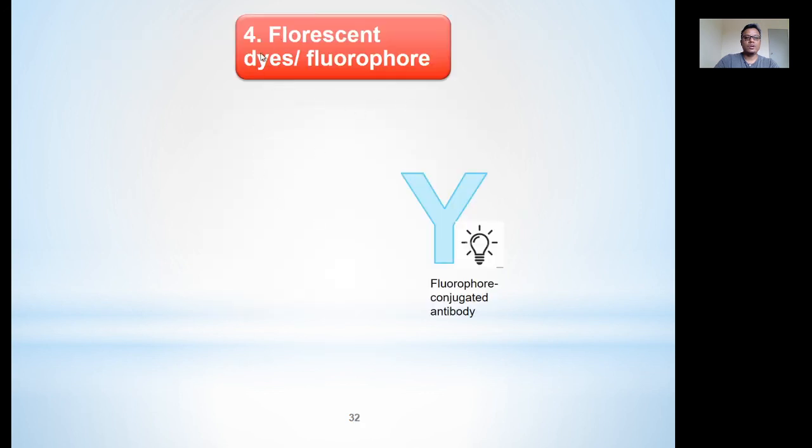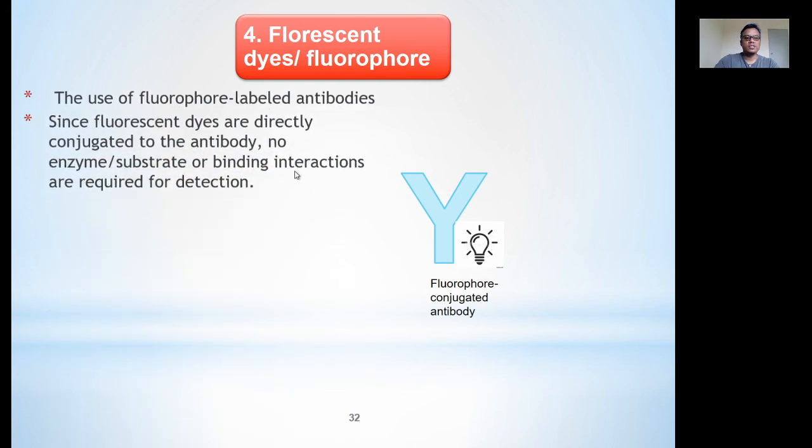And fourth, fluorescent dyes or fluorophore as a method of labeling the antibody. So with the use of fluorophore-labeled antibodies, since fluorescent dyes are directly conjugated to the antibody, no enzymes or substrate or binding interaction are required for detection.